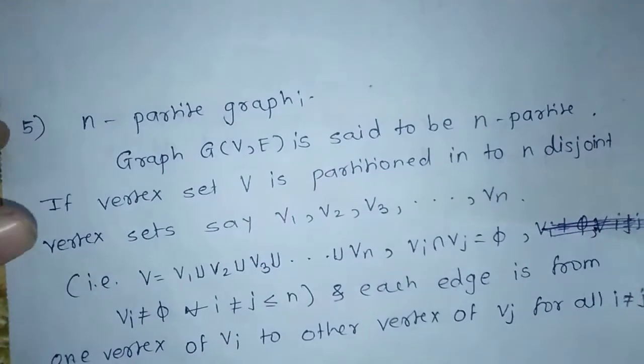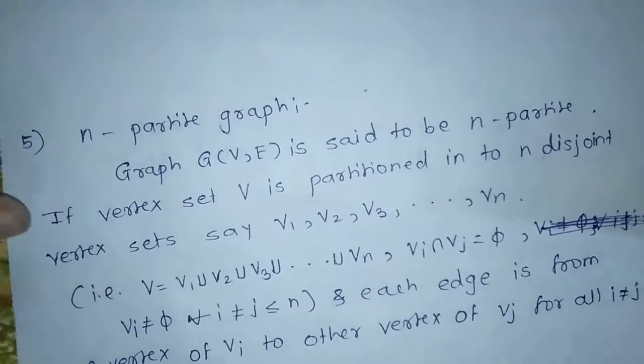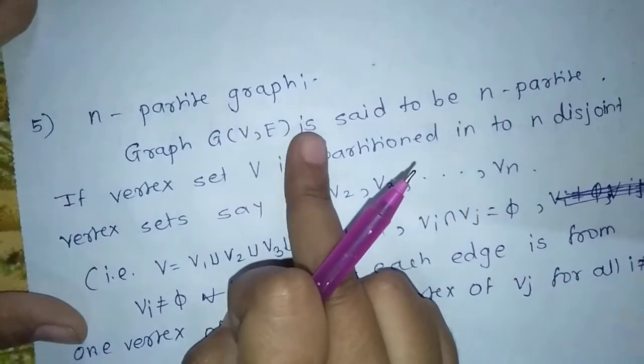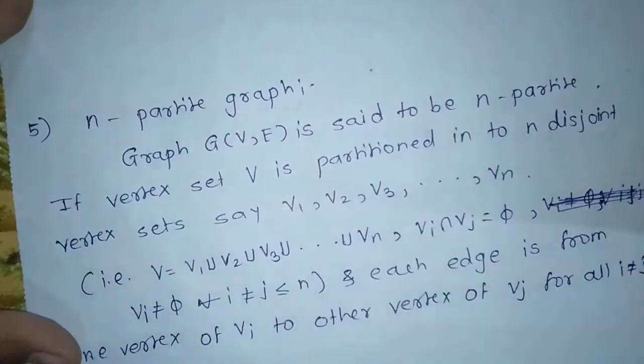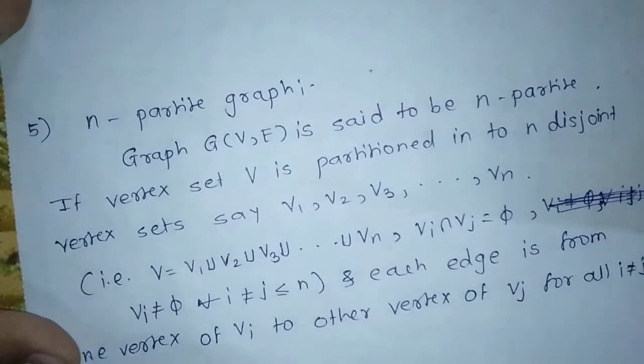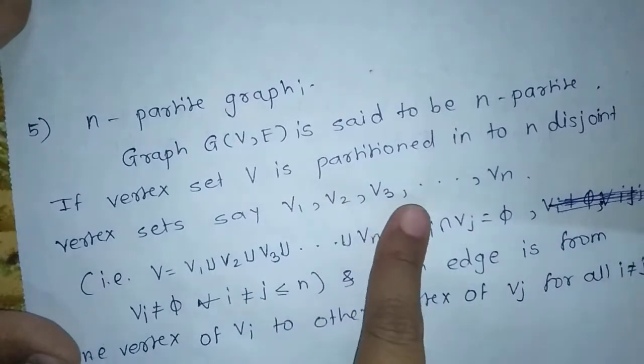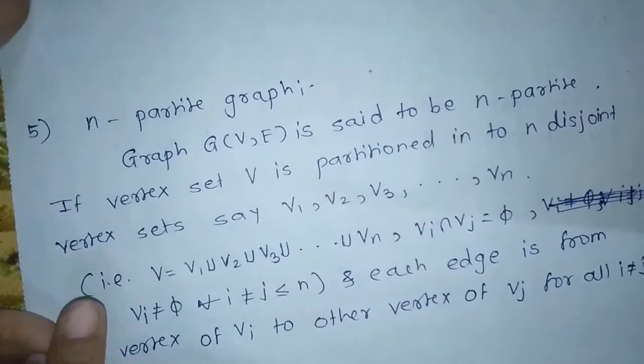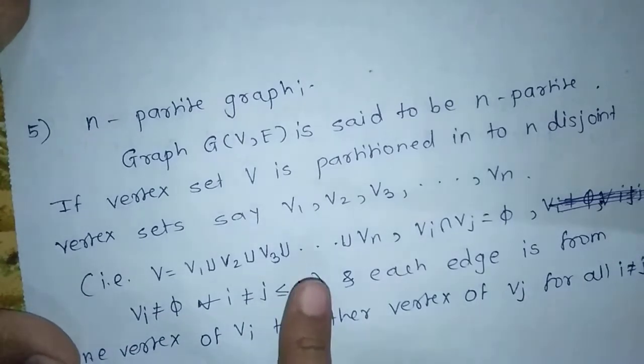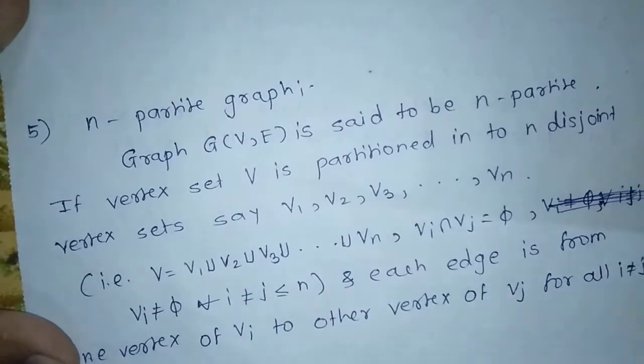Next definition, n-partite graph. A graph G(V, E) is said to be n-partite if the vertex set V is partitioned into n disjoint vertex sets, say V1, V2, V3 and so on, Vn. That is, capital V is equal to V1 union V2 union V3 and so on, union Vn.